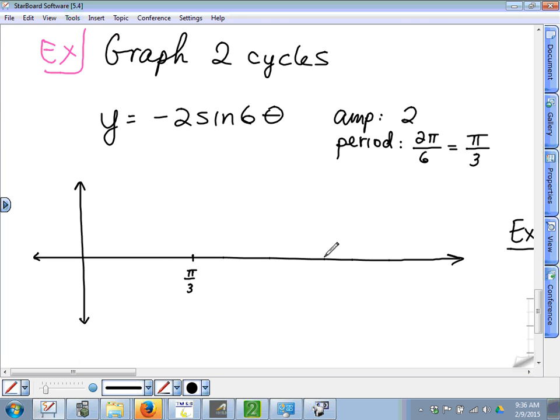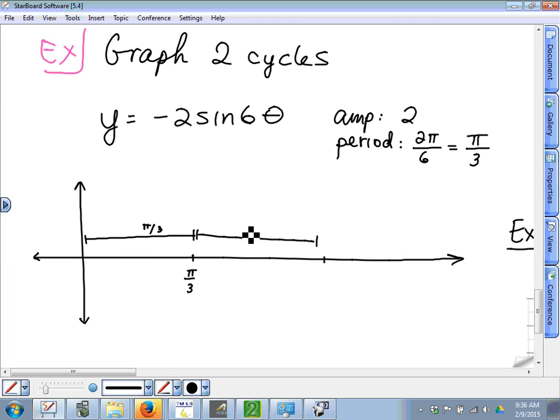Where does the second cycle end? How far is it from here to here? Pi thirds. Then how far is it from here to here? Well, isn't the cycle pi thirds?